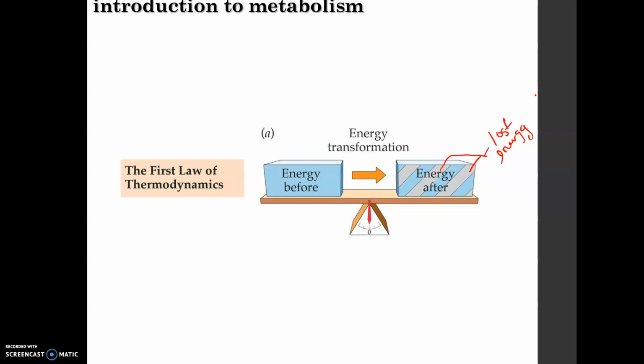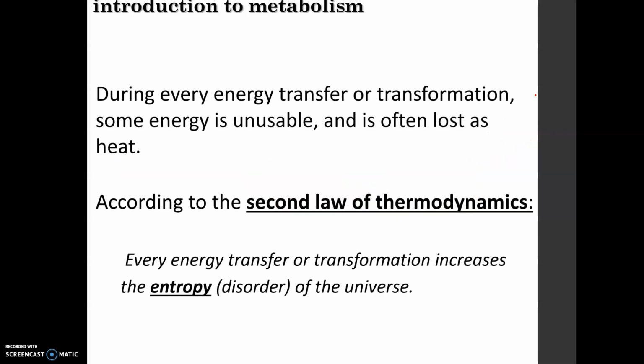You're going to lose a little bit of energy that you cannot get back, because during that transformation you get a little bit of lost energy. So during every energy transfer or transformation, some energy is unusable and is often lost as heat.